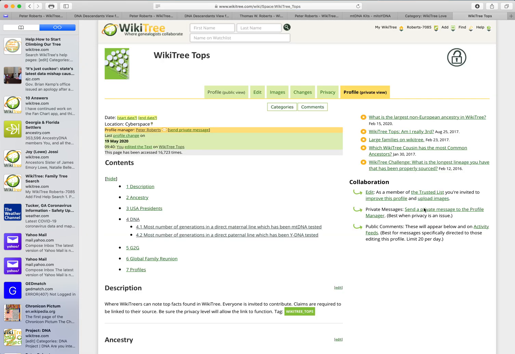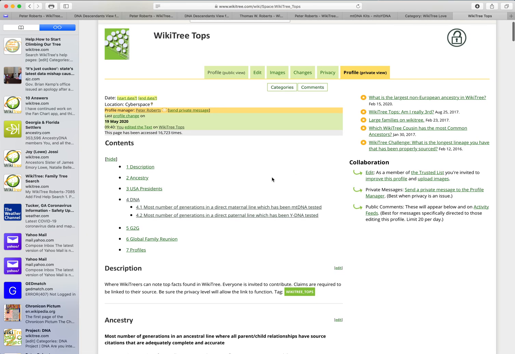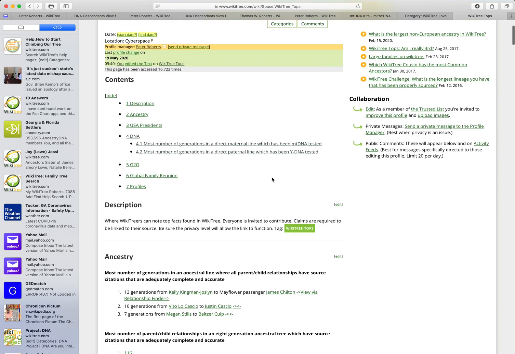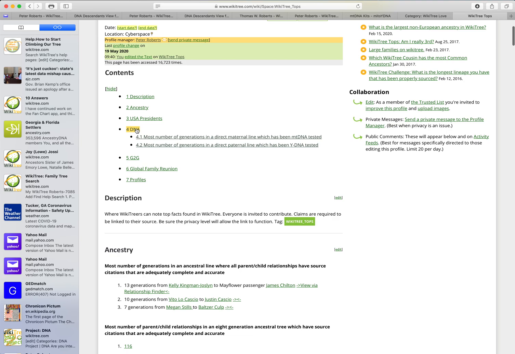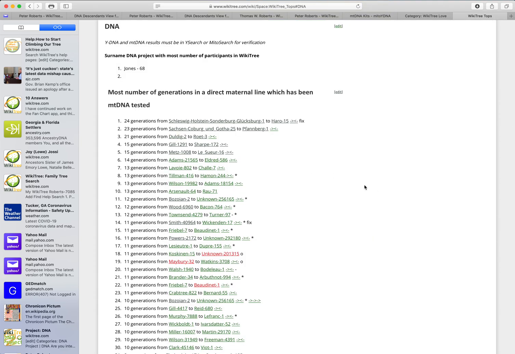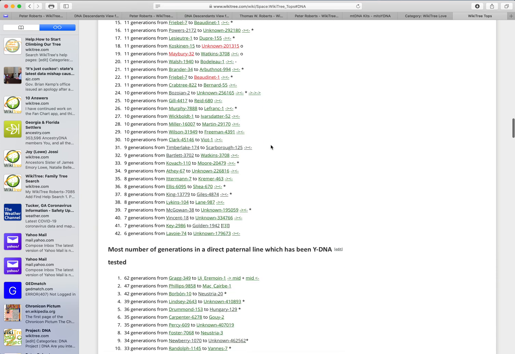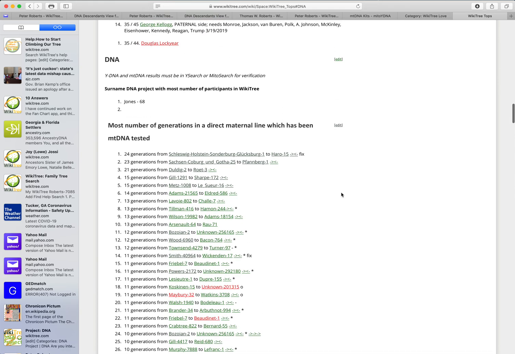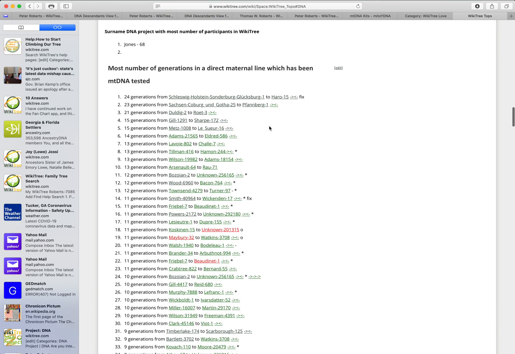WikiTree Tops is intended to be some of the top facts found in WikiTree. And there's a section for DNA, and it has some of the longest direct female line known to exist in WikiTree, the longest direct male line known to exist, and there's some coding on here.